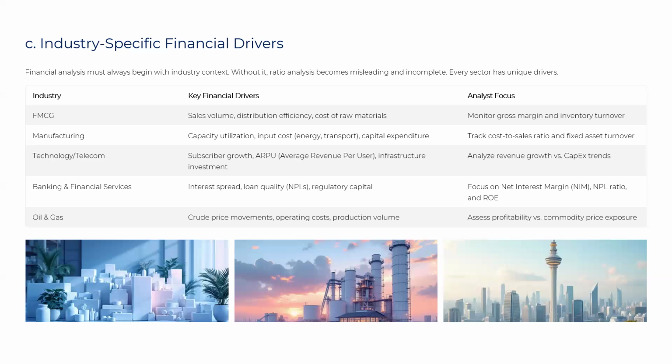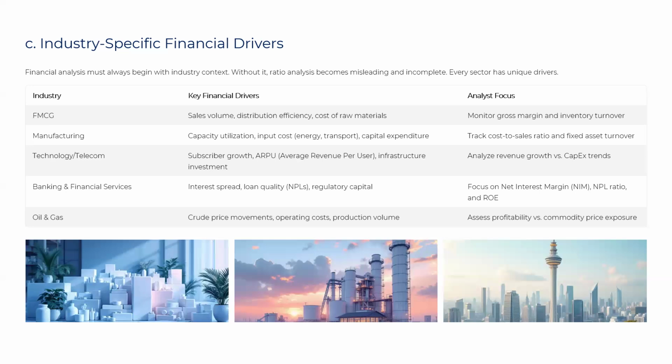So for the manufacturing company, the key financial driver is capacity utilization. When we talk about capacity utilization, it's like, okay, what's the capacity of the warehouse? If you are producing 1,000 units every day, do you have enough storage for what you are producing on a daily basis? That also has to do with your capacity.